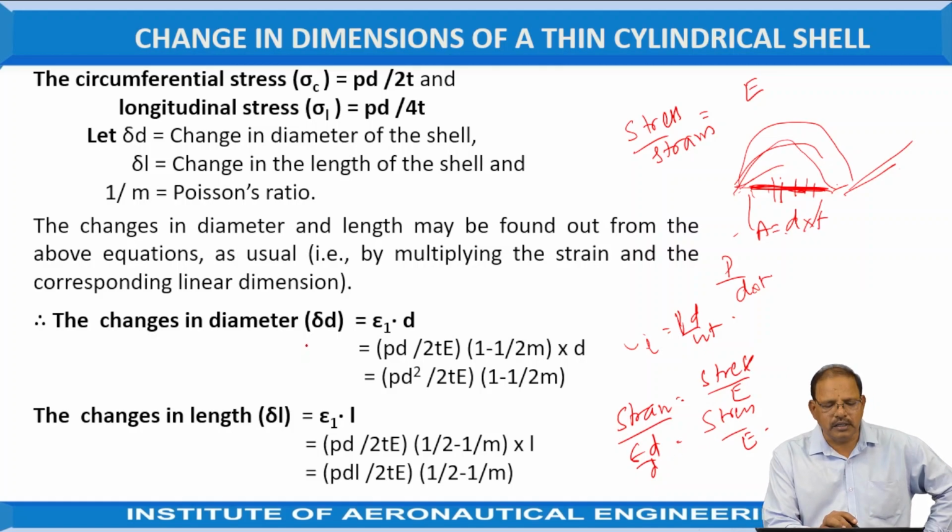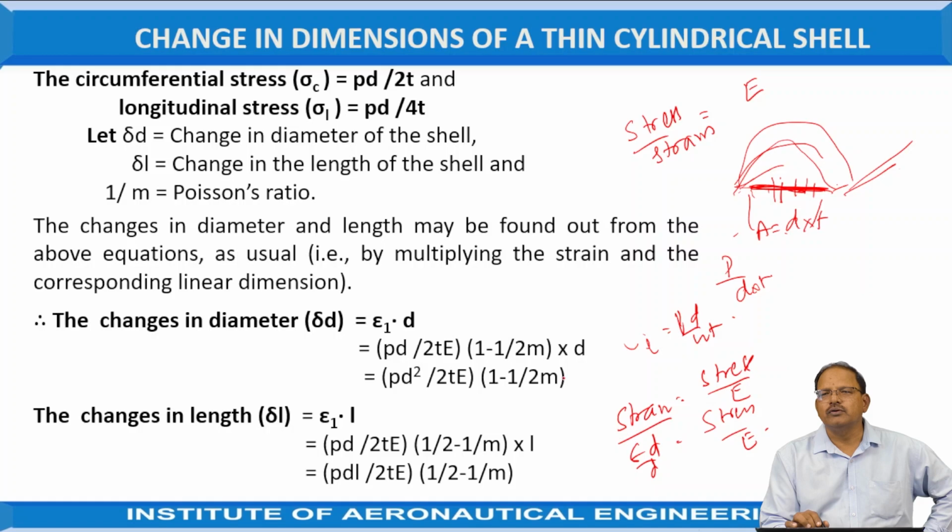Now first we determine the change in diameter. Delta D is equal to epsilon 1 times D, because strain is nothing but change in diameter divided by the original diameter. So the change in diameter is strain multiplied by D. Epsilon 1 represents the strain produced along the diameter, and we have to consider the lateral strain also.